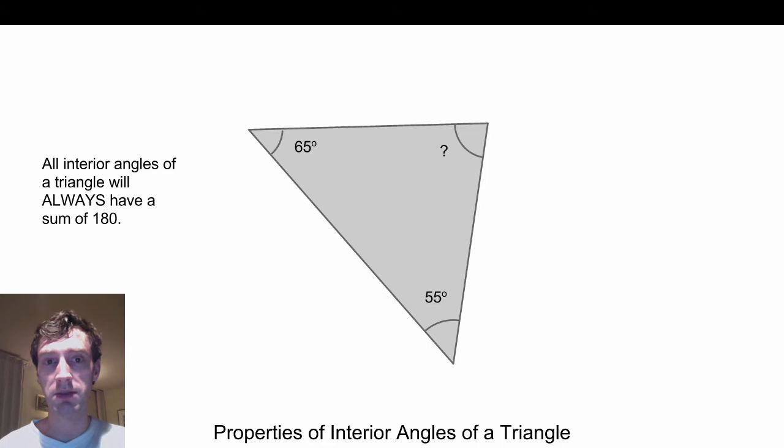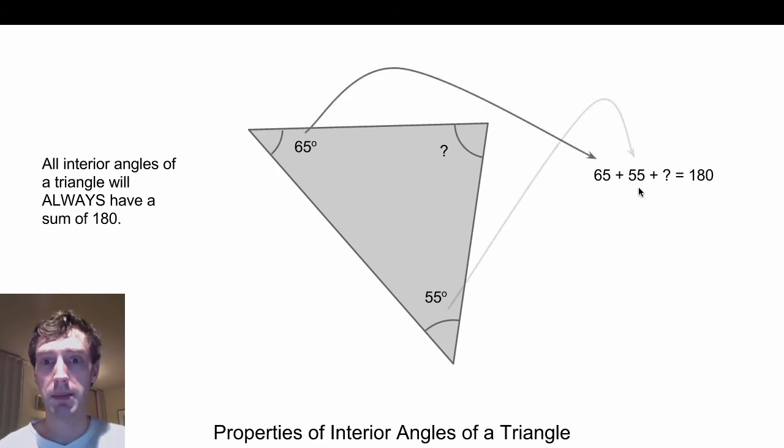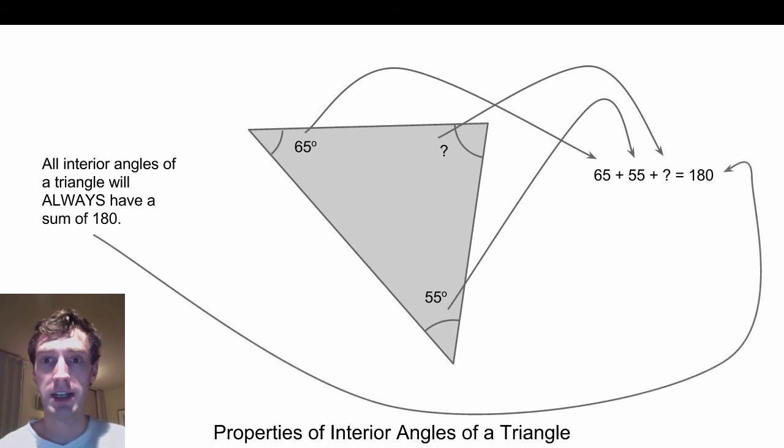That comes in handy when you've got two angles that are known and one that's unknown. In this case, I know 65 and 55, and I have to find the remaining angle. So I can use that property to say this angle plus my unknown will give me a sum of 180.